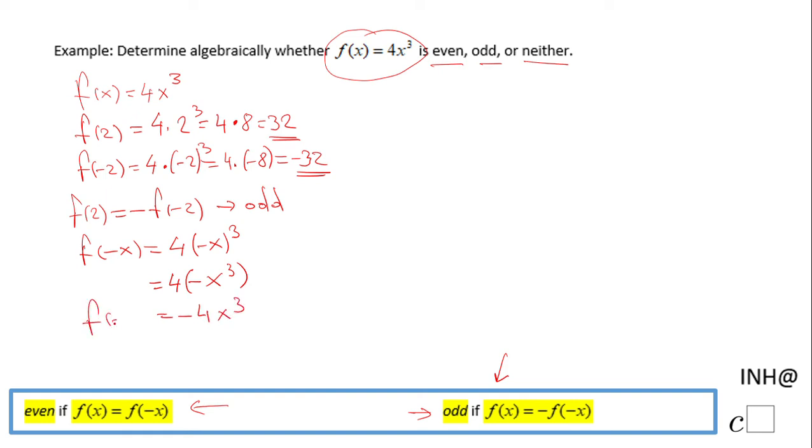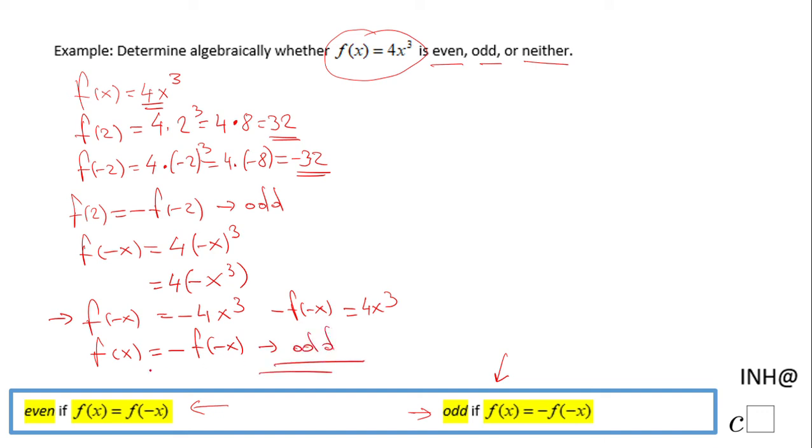And you notice f of x, which is 4x cubed, will be equal to negative f of negative x. If we do negative f of negative x, if we take a look here, we get 4x cubed. So at this moment we know this function is odd, and we have the algebraic process.